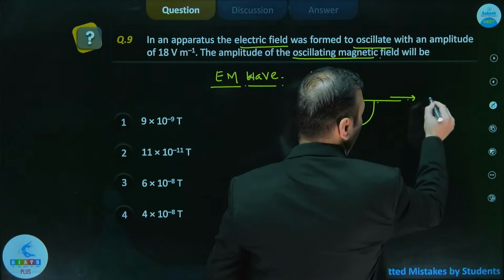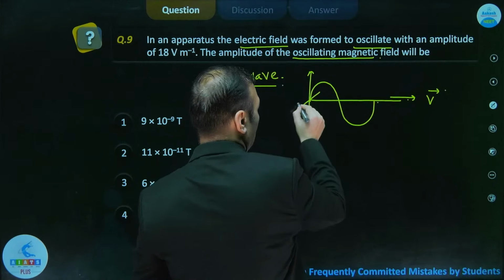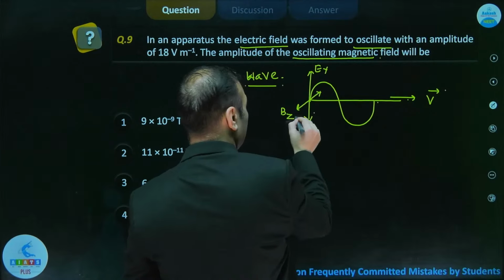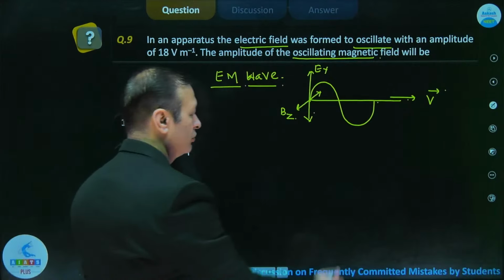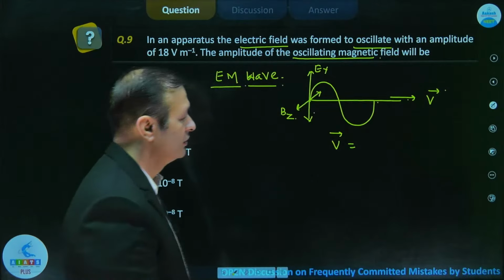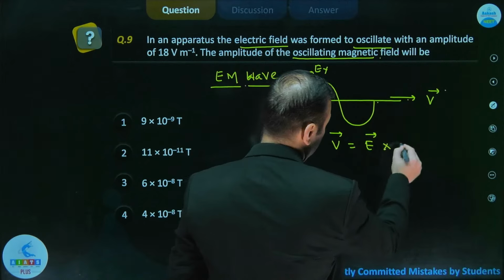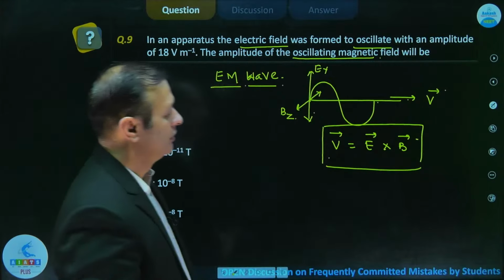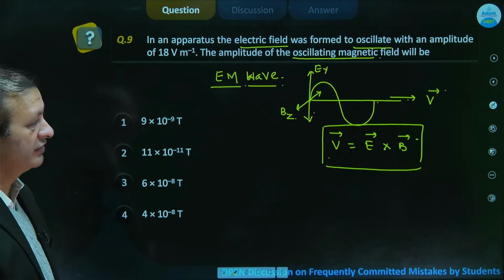If the wave is propagating with some speed v, then the electric field may be along the y-axis and the magnetic field along the z-axis, and both fields are oscillating, and it may be vice versa also. We need to understand 2-3 important points here. When you define the velocity vector, we write it as E cross B. This is the first point: all three are mutually perpendicular to each other.